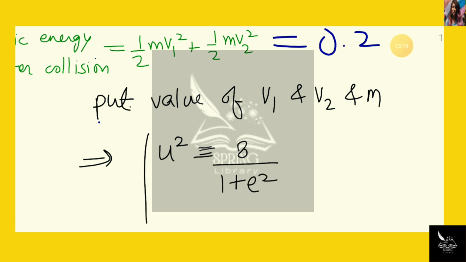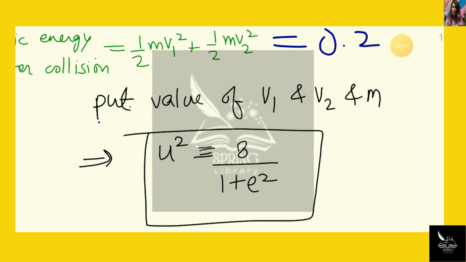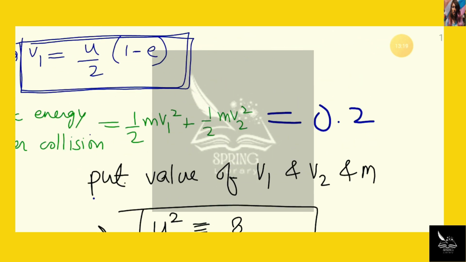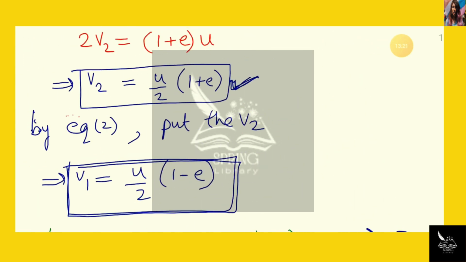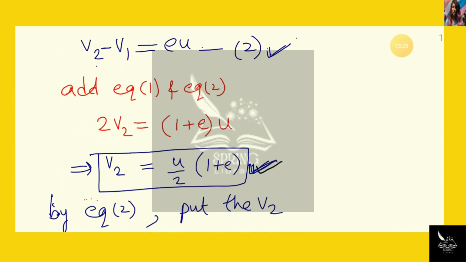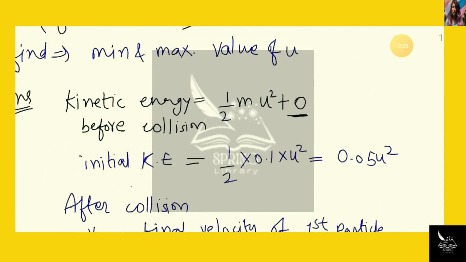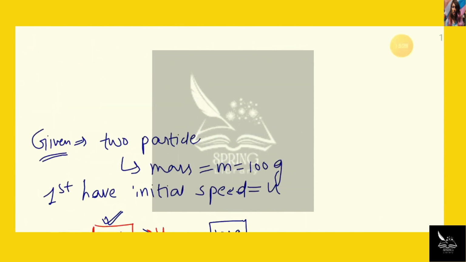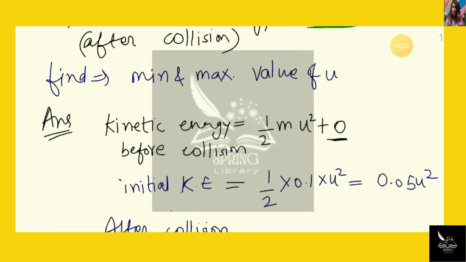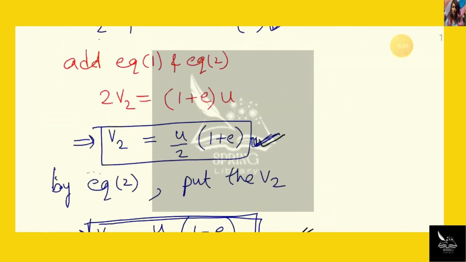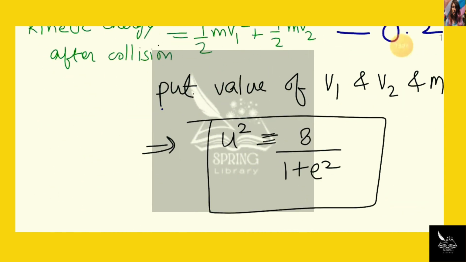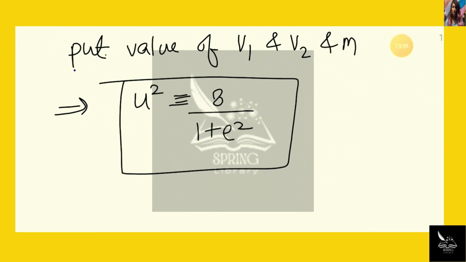You can see that I put the values of v1 and v2, and m that is given in the question as 100 gram, or 0.1 kg. So I will get the equation u square is equal to 8 divided by 1 plus e square.